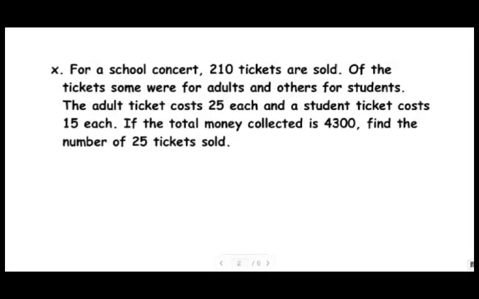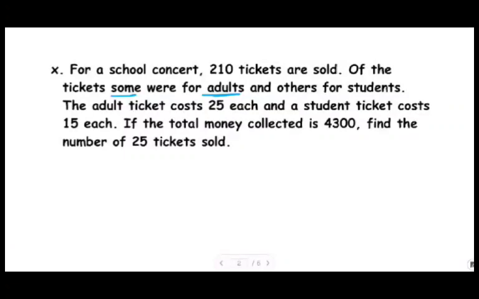For a school concert, 210 tickets are sold. Of the tickets, some were for adults and others for students. You know, the sum, this word "some" or something like that, straight away gives the hint that the number has to be taken as a variable, maybe x or y, whatever.